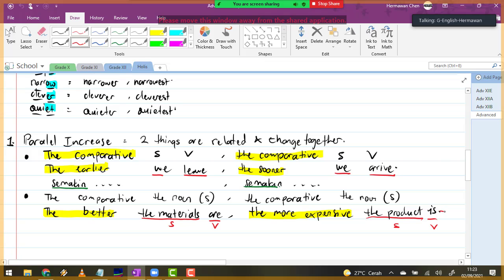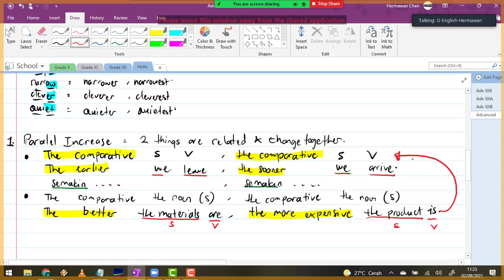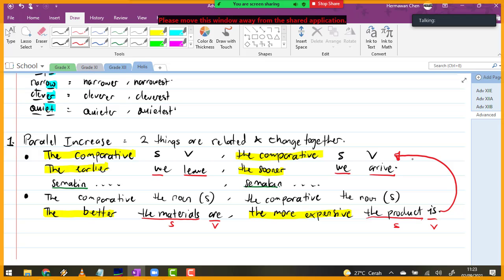Actually, guys, the example I gave you uses the first pattern, right? Because you can find subject and verb after the comparative. However, from this example, it can be changed into the shorter version, the second pattern.